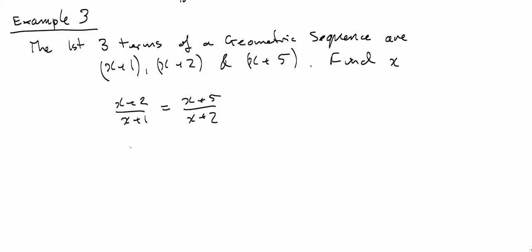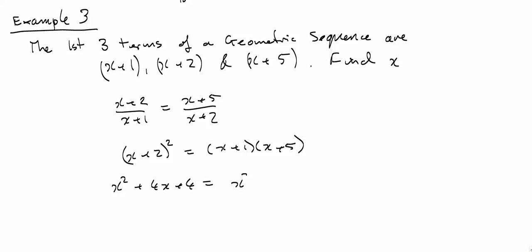If we cross multiply, x plus 2 squared equals x plus 1 times x plus 5, and then we can expand both sides. x squared plus 4x plus 4 is equal to x squared plus 6x plus 5.